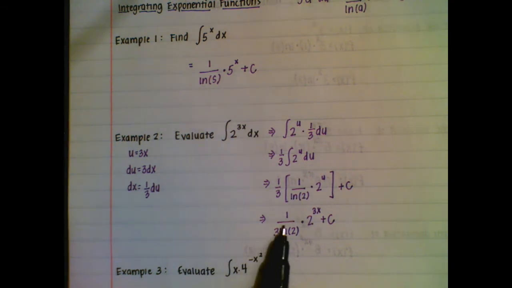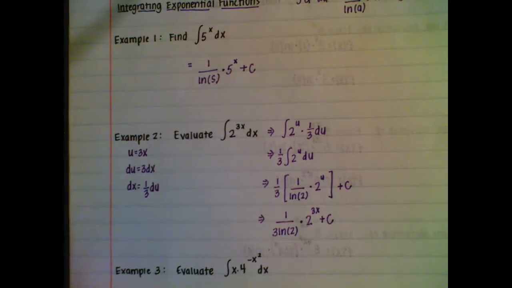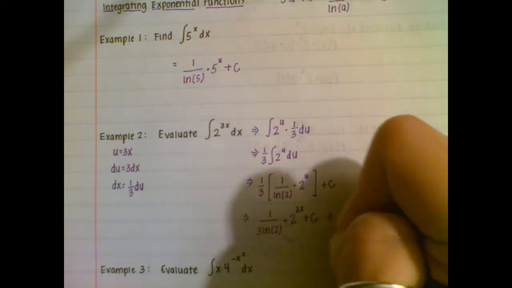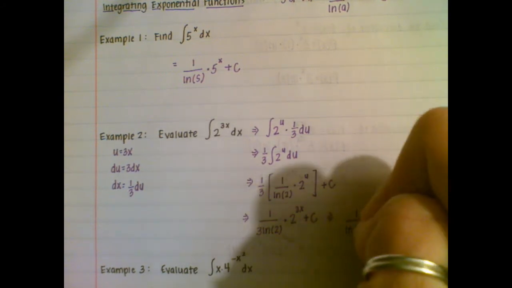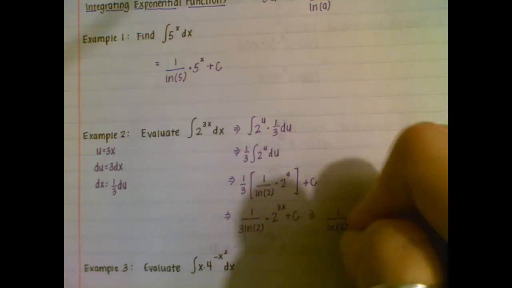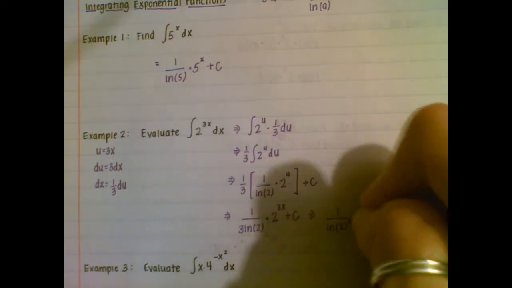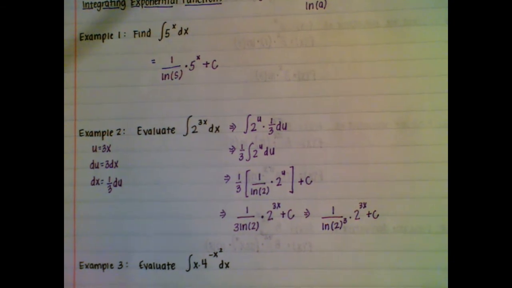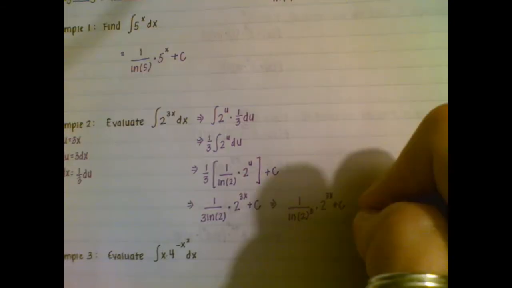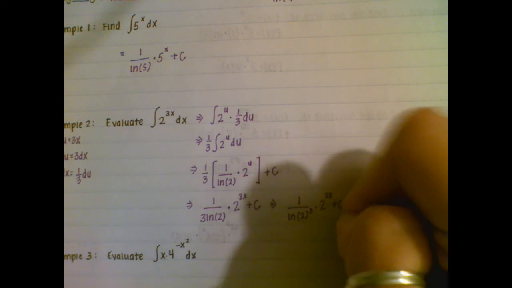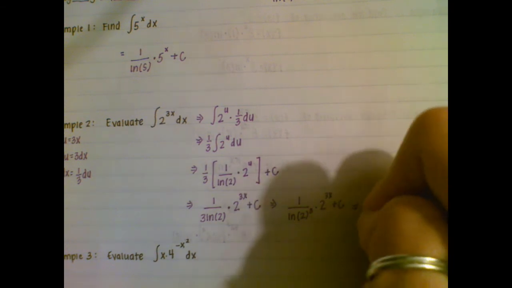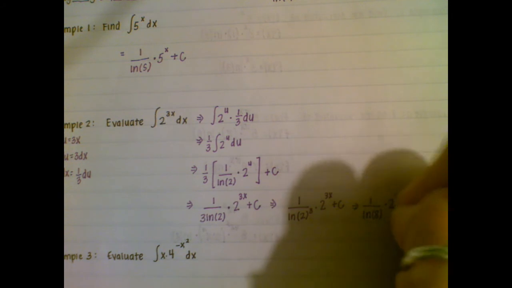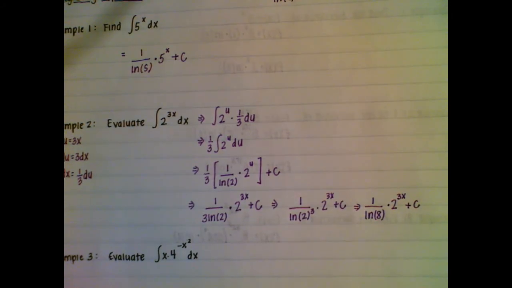And I'm going to bring this exponent up onto the 2. So using those condensing rules, that's going to give me an ln of 2 raised to the 3rd power times 2 to the 3x plus c. And I'm just going to take one more step to simplify that to be 1 over ln of 8. So 1 over ln of 8 times 2 to the 3x power plus c is my antiderivative here.